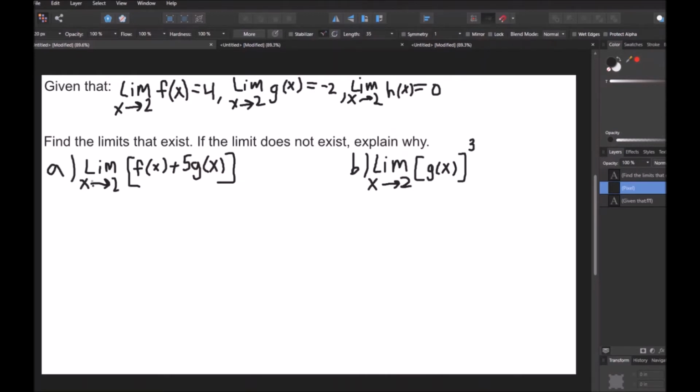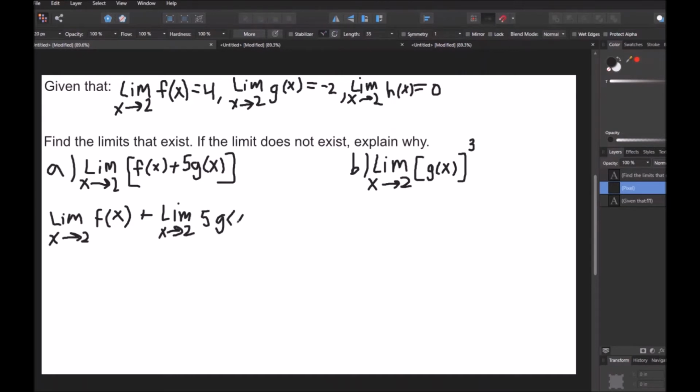So in part A, we're asked to find the limit as x approaches 2 of f of x plus 5 times g of x. Well, recall that the limit of the sum is the sum of the limits. So I'm going to rewrite this as the limit as x approaches 2 of f of x plus the limit as x approaches 2 of 5 times g of x.